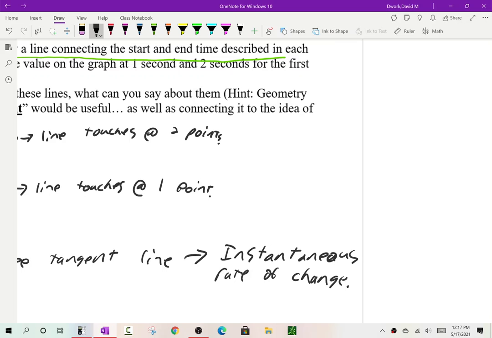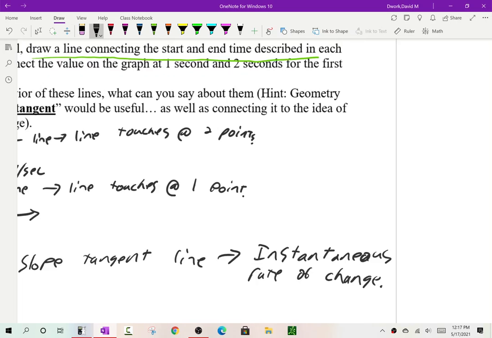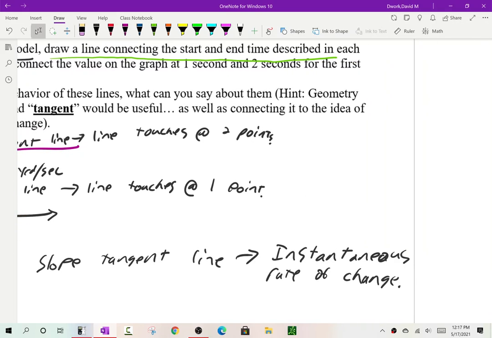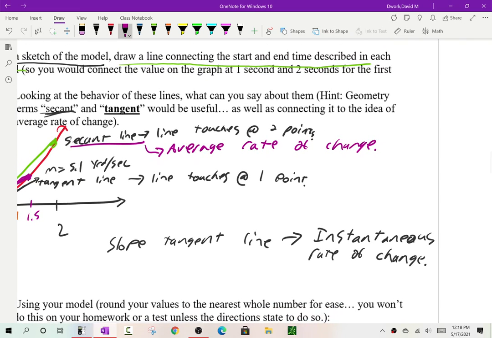Like right now, this instant, how fast are you going at this moment? Where the secant line, we said was from here to here, from 1 to 2. So this is what we called the average rate of change. Okay, so secant lines are average rate of change.